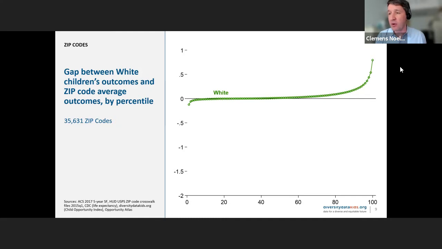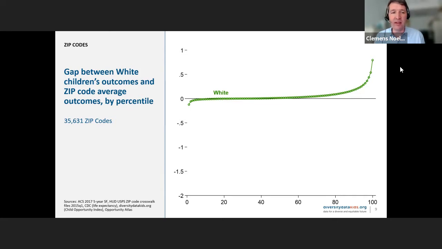And then we ranked all zip codes in terms of this gap from lowest to highest, grouped them into 100 groups, and then calculated the median gap within each of those groups of zip codes. As you can see here, most white children live in census tracts for whom the outcome does not differ much at all from the zip code level outcome.